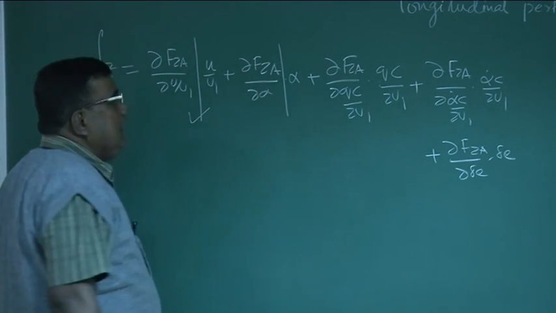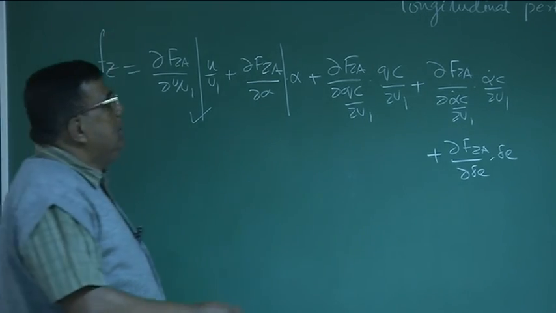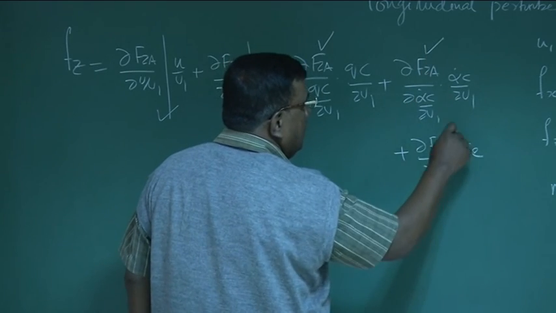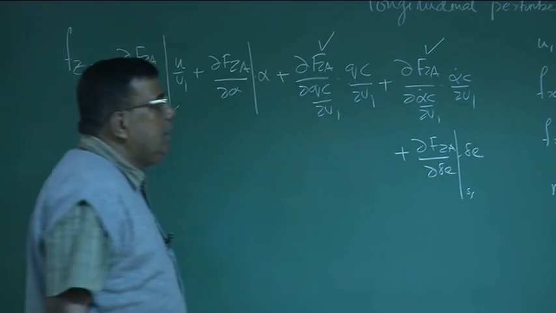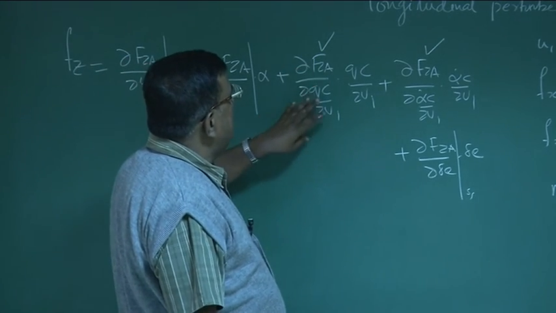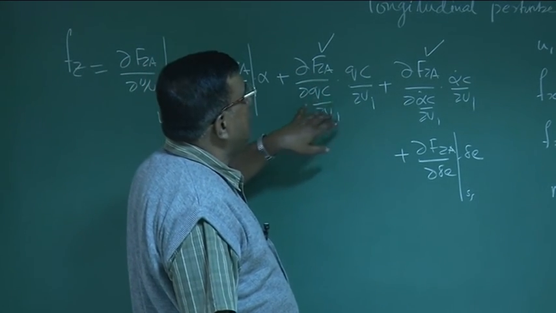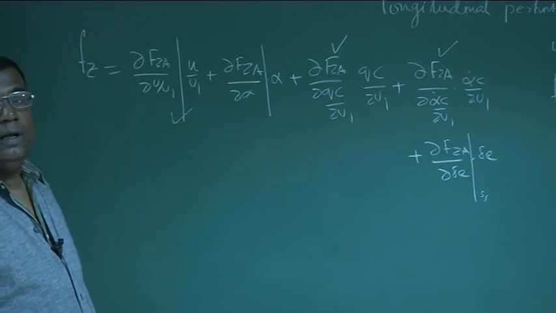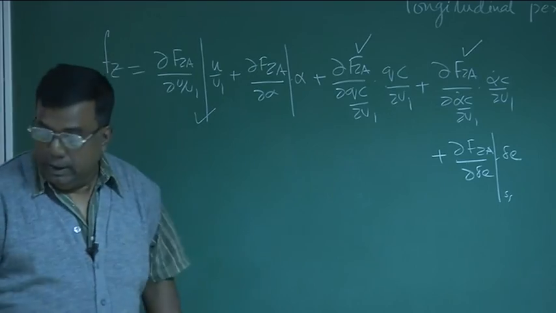What is dFza by d alpha? We have done. This one and this one we have already done in the last lecture. So today, first we will do dFza by dQc by 2U1 and dFza by d alpha dot C by 2U1. So let us focus on that.